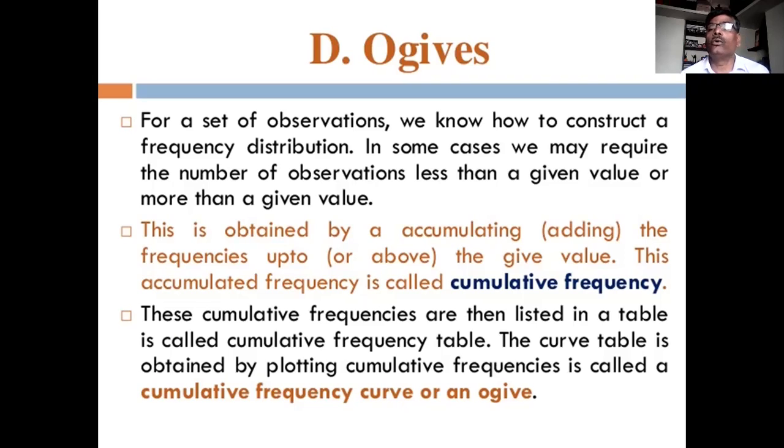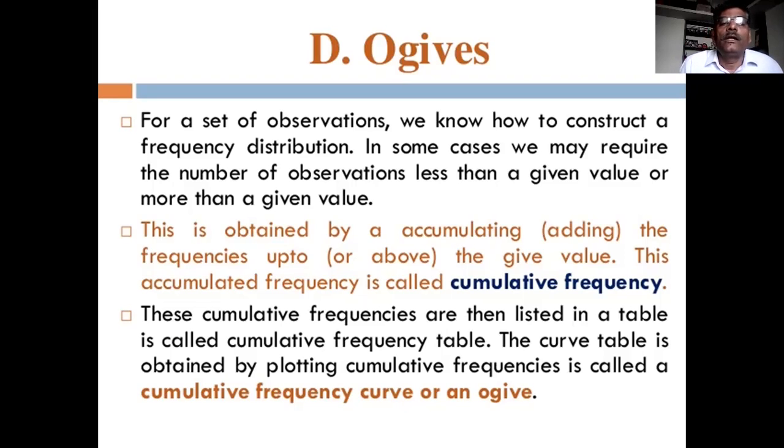If you want to identify the more-than or less-than observations within the given values, at that time ogive curves are used to represent the statistical data.